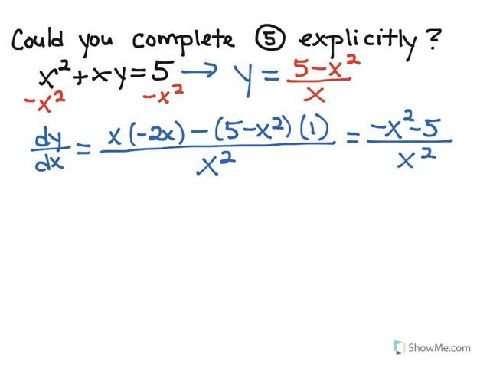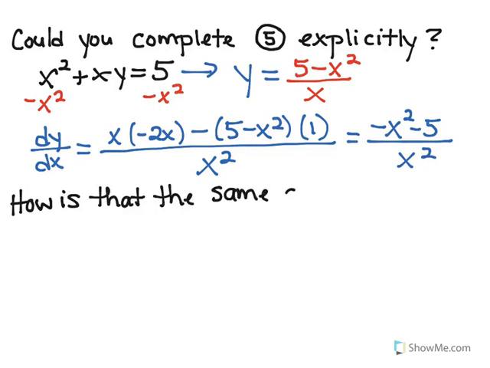The question is, how is that the same as what we got before? So how is it the same as dy/dx equals negative 2x minus y over x?